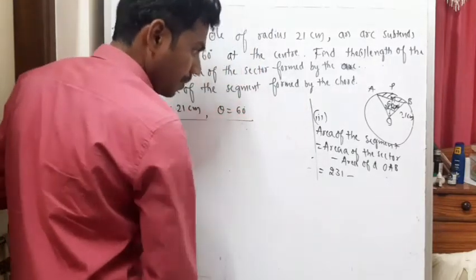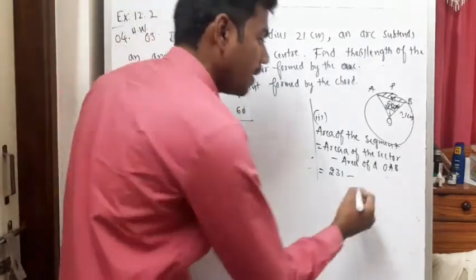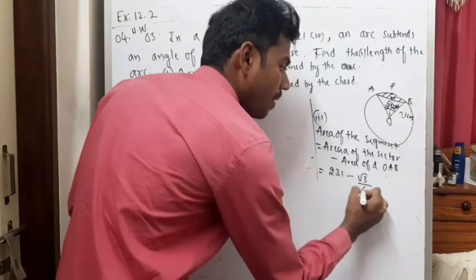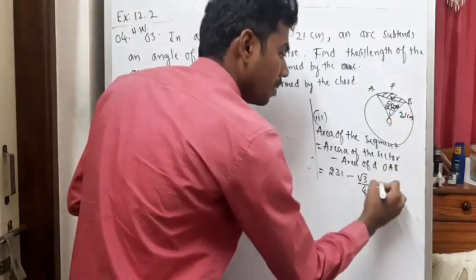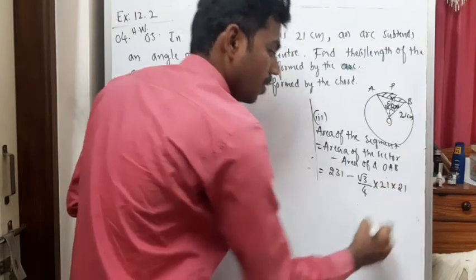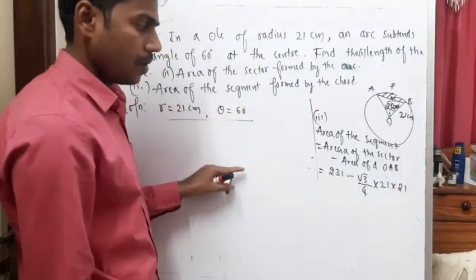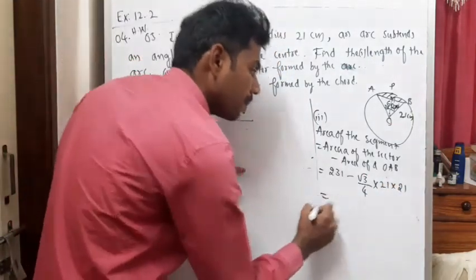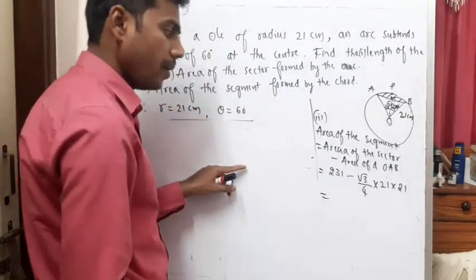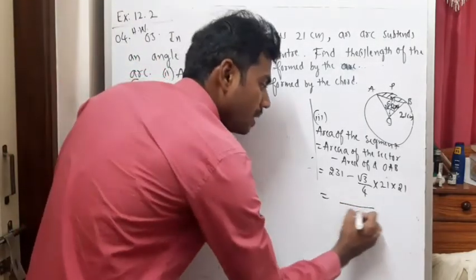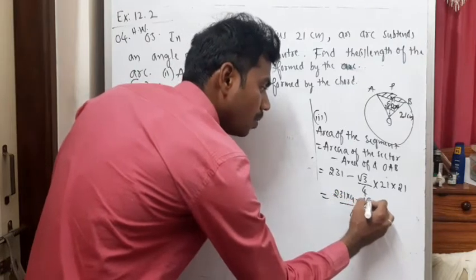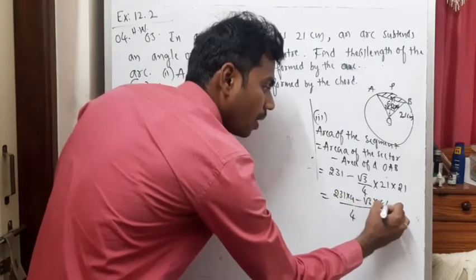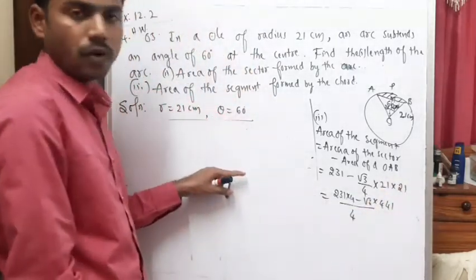Okay, next. So area of the triangle will be equal to root 3 by 4. What is R? 21. 21 into 21. Now, what we can do? 4 will be the LCM. 231 into 4 minus root 3 into 441, because 21 into 21 is 441.